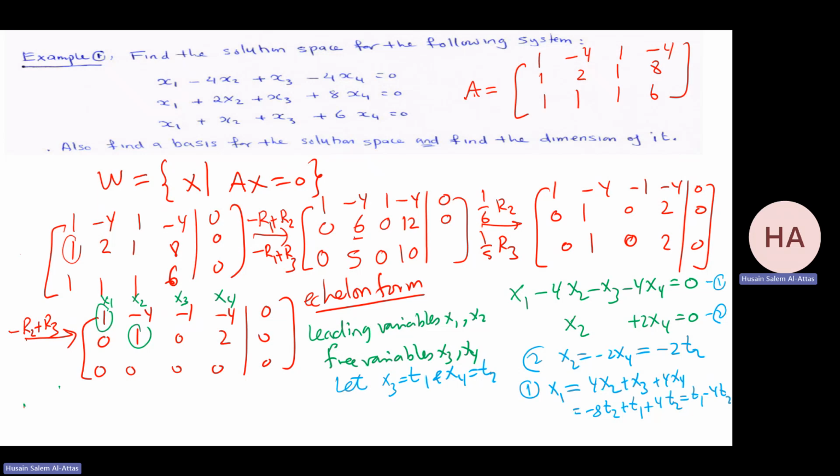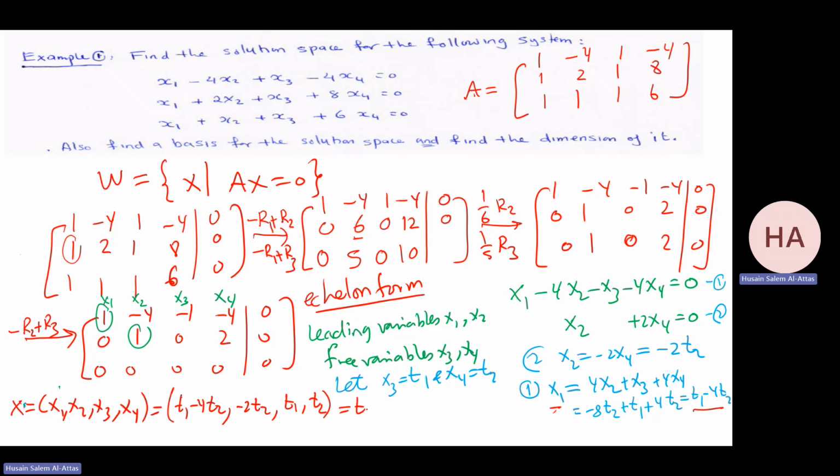So now my vector solution. Let me go back to that one. So the x, which is x1, x2, x3, x4, will be what? Now I plug the numbers. x1 will be t1 minus 4t2. x2 minus 2t2. x3 t1. x4 t2.